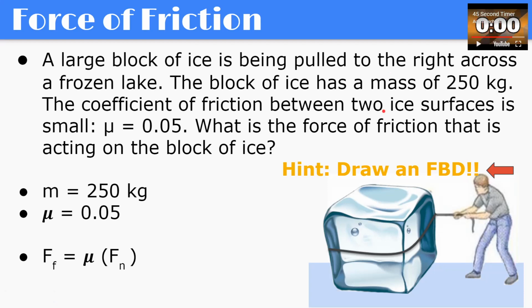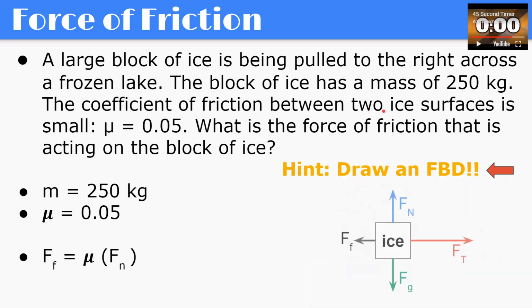Okay, free body diagram. Maybe yours looks something like this. If not, draw that. Okay, I have force of gravity downward. I have normal force upward because it's being pulled across a lake. There's a surface there. Okay, so I'm going to have normal force and force of gravity.